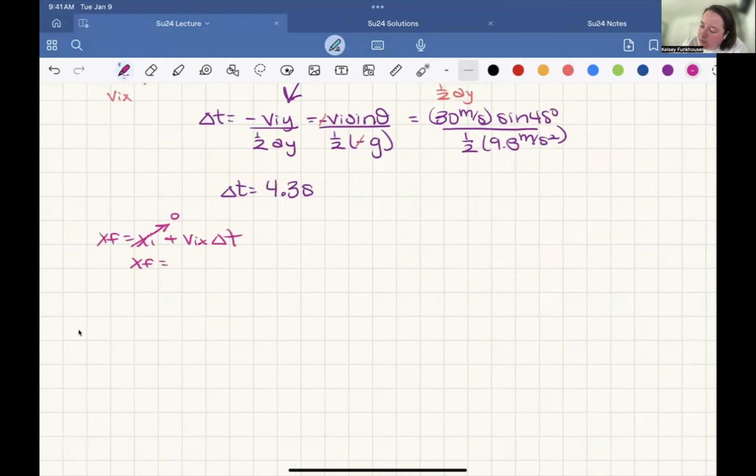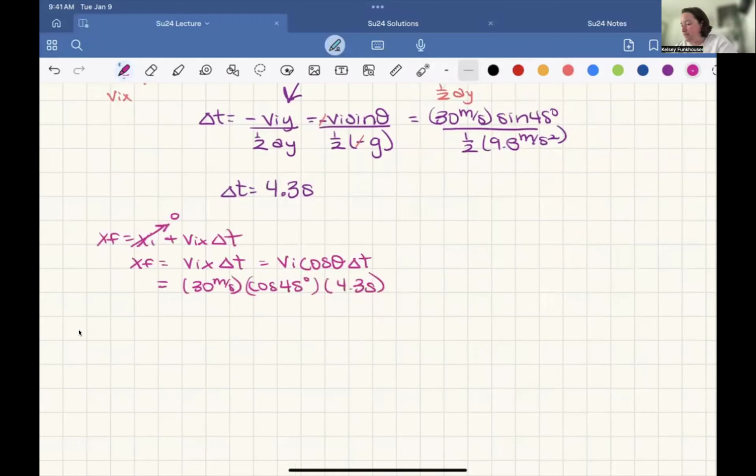So this final position is V initial X times the time interval, which is V initial cosine theta times the time interval. That's 30 meters per second, cosine of 45 degrees times 4.3 seconds.